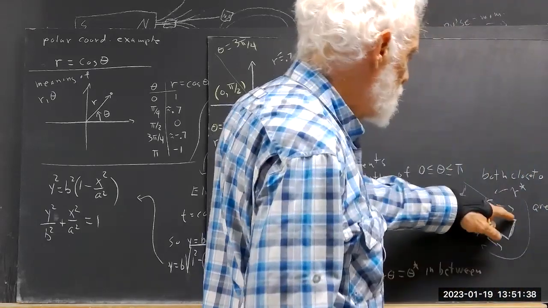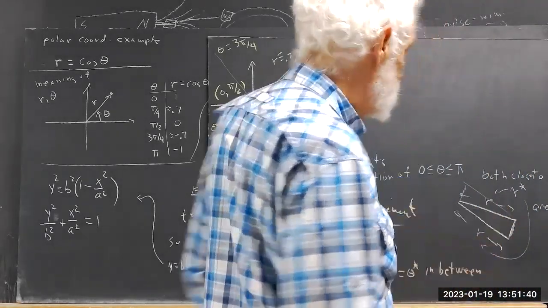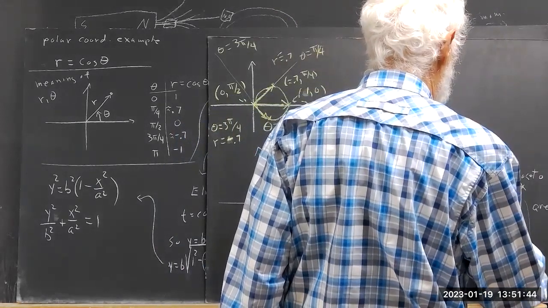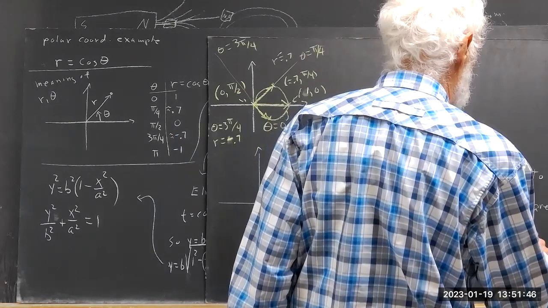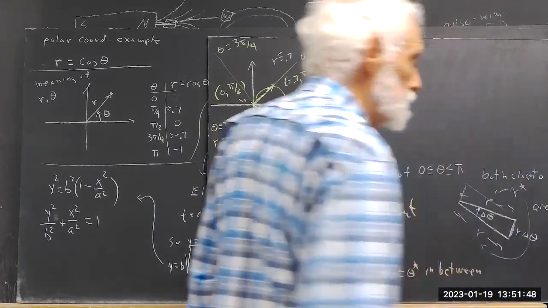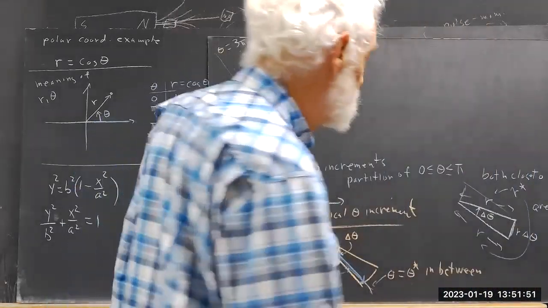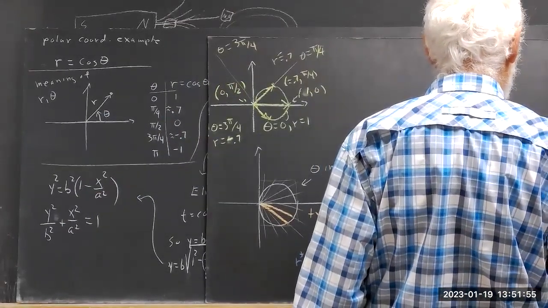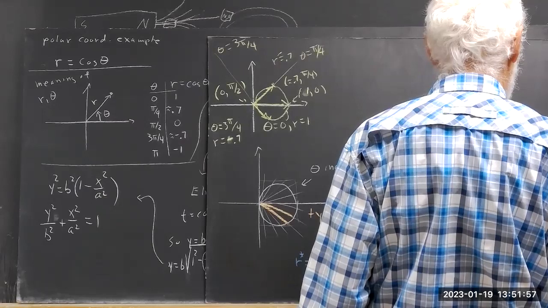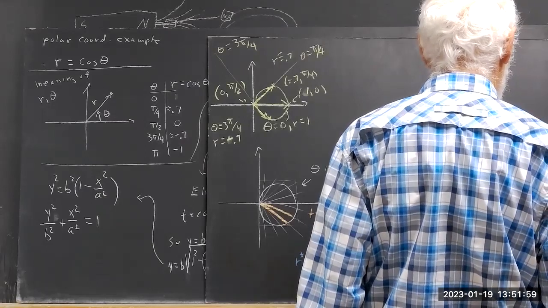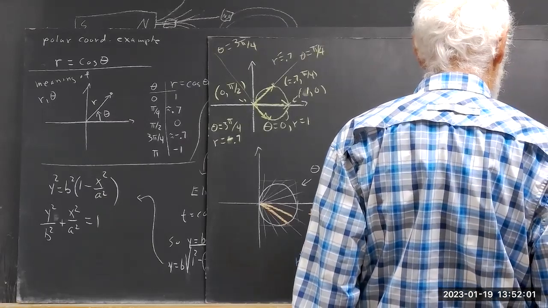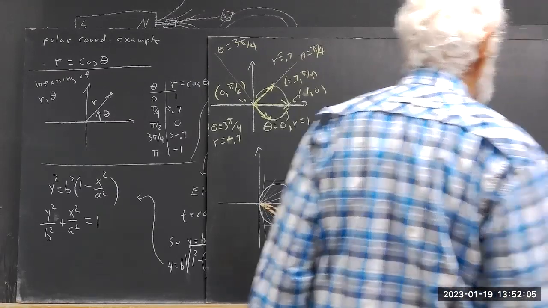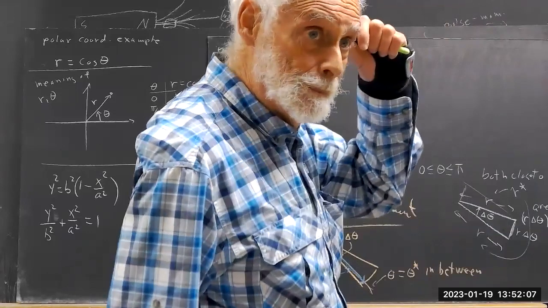Well, first we've got to find how long this side is. Well, this is delta theta, so this is our delta theta by definition of the radius. So this area is r delta theta, times r.